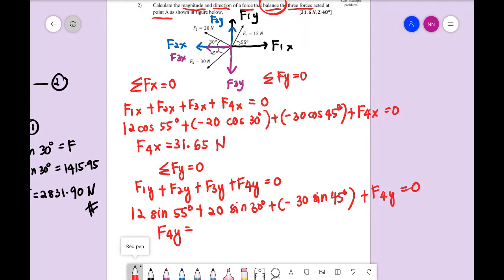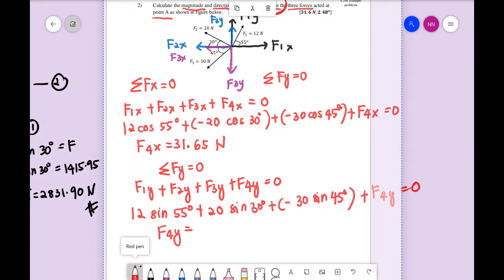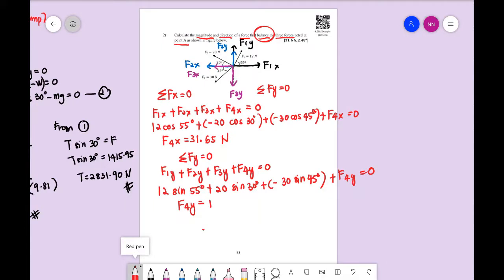So with F4y as the subject, it is 1.38 Newton.